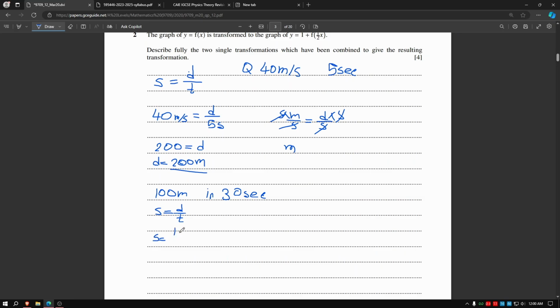So 100 divided by 30. So cross out, 10 by 3, you can do the math. It will come out to some decimal. Now the units will be meters per second, because distance was in meters and it was divided by time, which was in seconds. So meters per second would be the unit. Okay, speed formula done.